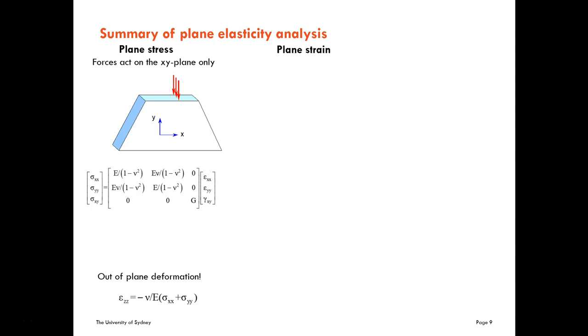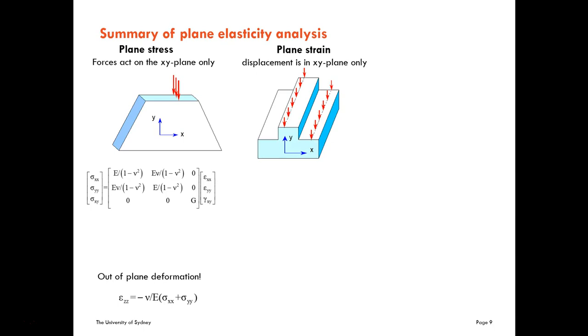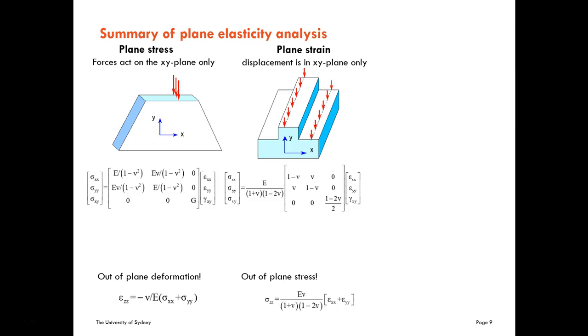Then we have plane strain, another case, which means that the displacement is in the xy plane only. That is this case, and the stress-strain relation is going to be different. And we are going to have out-of-plane stress due to the Poisson effect.